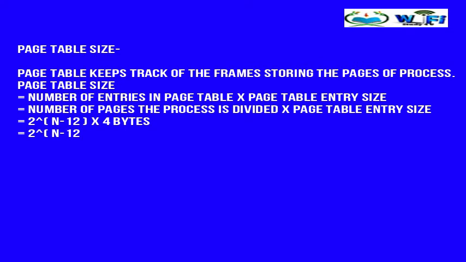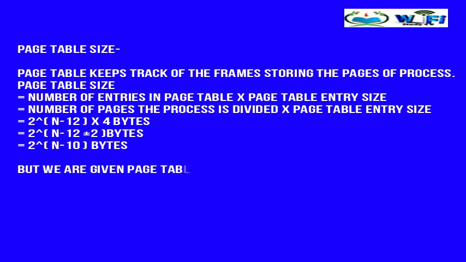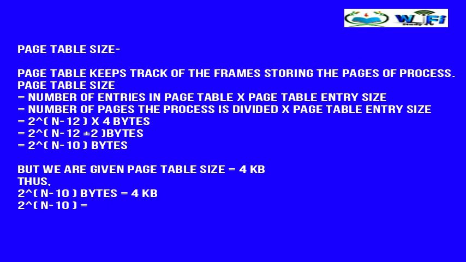The page table entry size is given in the question as 4 byte. So we can calculate 2 to the power n minus 12 times 2 to the power 2 byte equals 2 to the power n minus 10 byte.